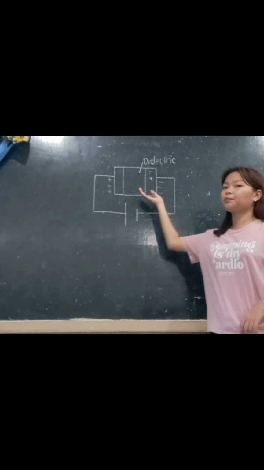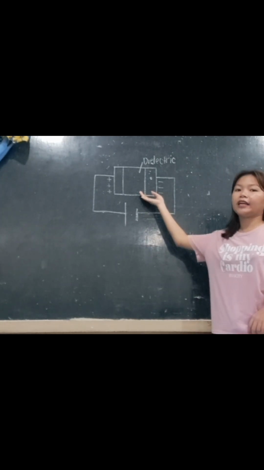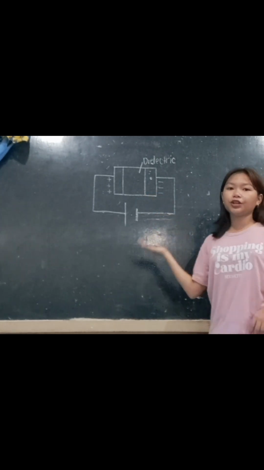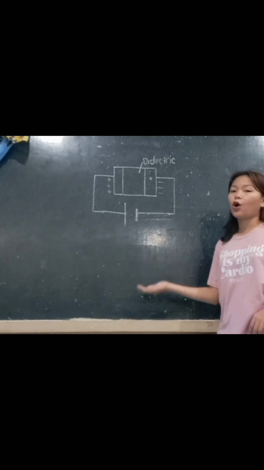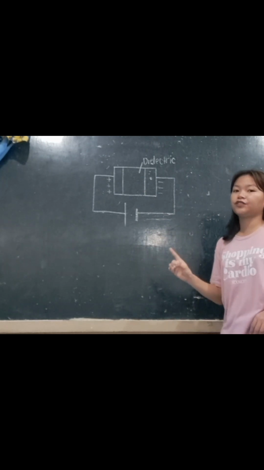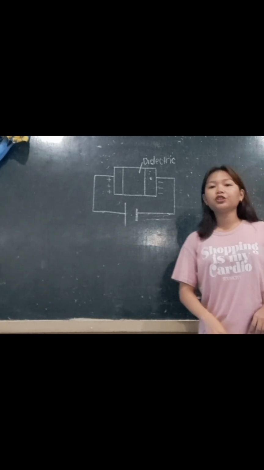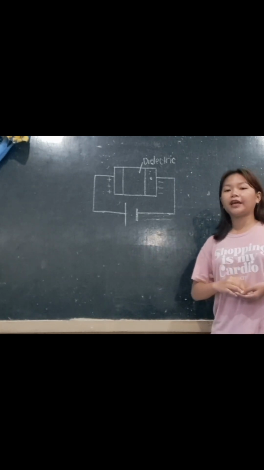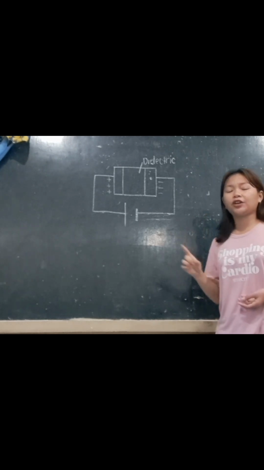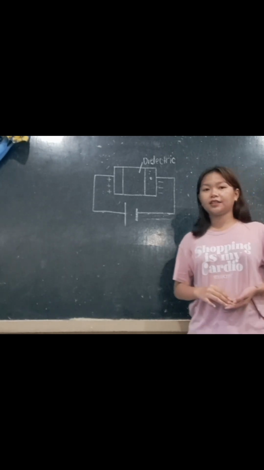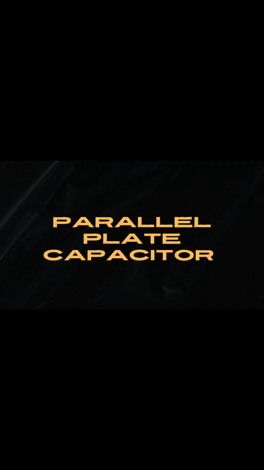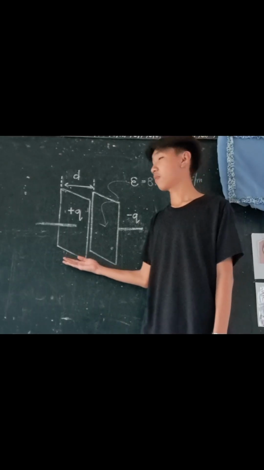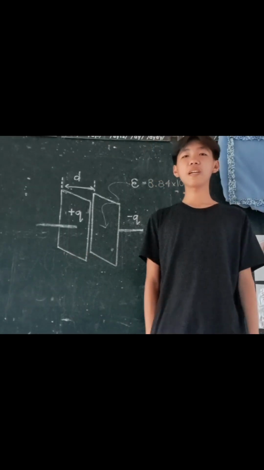The conductive metal plates of a capacitor can either be square, circular, rectangular, or they can be cylindrical or spherical in shape, with the general shape, size, and construction of a parallel plate capacitor depending on its application and voltage rating. The parallel plate capacitor is the simplest form of capacitor.